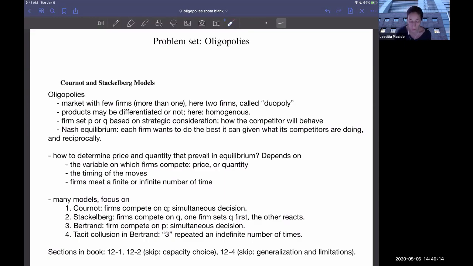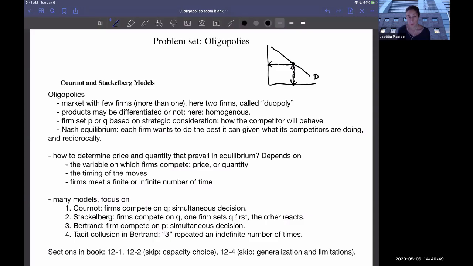Remember, when we talk about a monopolist, it is facing a decreasing inverse demand curve, the market demand, and it can either choose what quantity to produce and then deduce the market price, or set the market price and then deduce the quantity that's going to be produced. So there is this one-to-one relationship between price and quantity when we talk about monopolies.